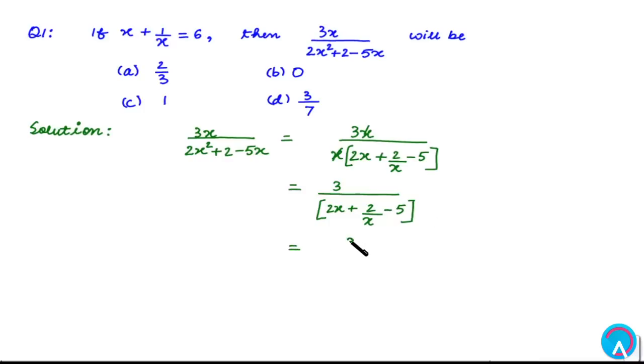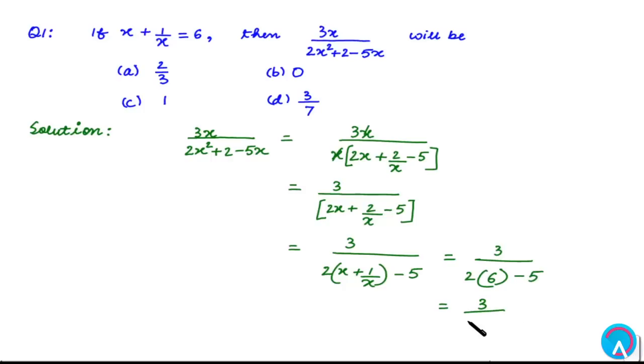This will be equal to 3 by, from these two terms we can take 2 common, and inside we'll be left with x plus 1 by x minus 5. So this will be equal to 3 by 2 multiplied with x plus 1 by x, which is equal to 6, minus 5. So this will be equal to 3 by 12 minus 5. This will be equal to 3 by 7. So D is the correct option here.